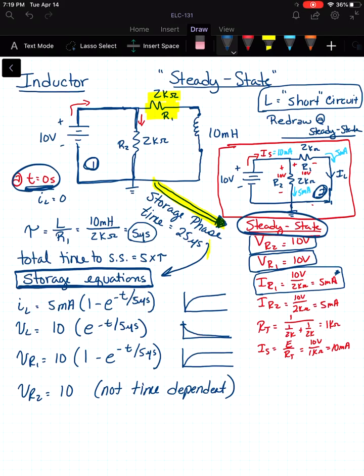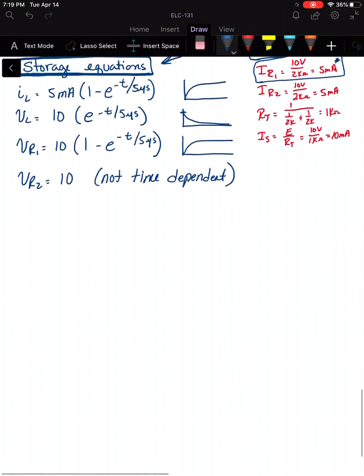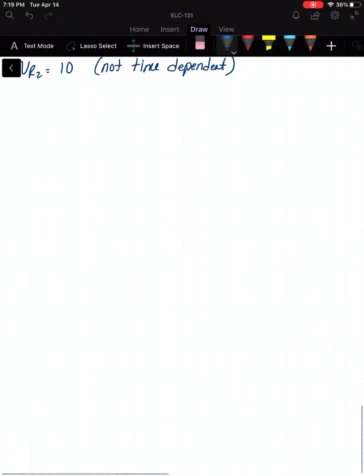Okay, so let's talk about the release phase. And I'm going to take a minute to redraw my circuit here. And we'll talk about the release phase.